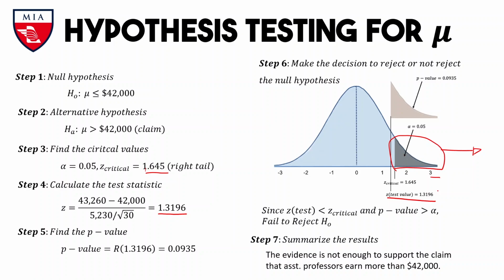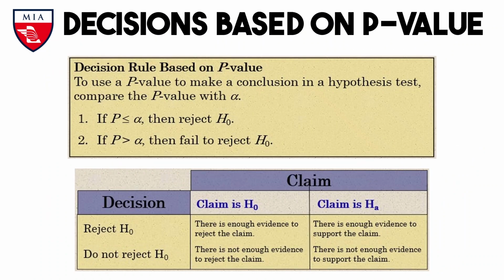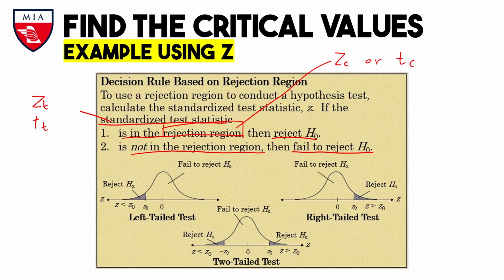Therefore, we conclude that we fail to reject the null hypothesis, because based on the statement here, if the standardized test statistic, our z-test or t-test, is not in the rejection region, then we fail to reject our null hypothesis. On the other hand, if the value of our z-test or t-test is in the rejection region, we can reject a certain null hypothesis.